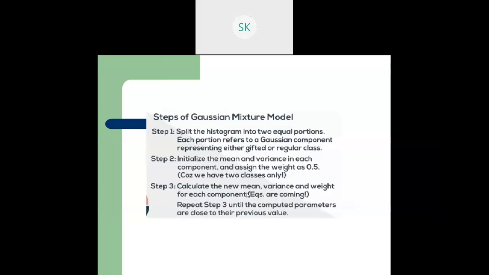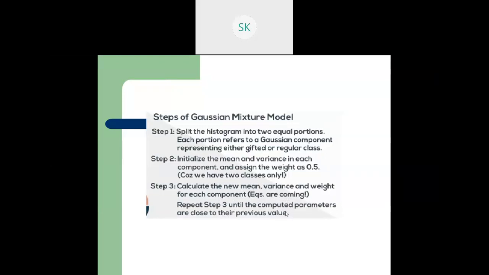Third step: calculate the new mean, variance and weight for each component. The equations to compute the new mean, variance and weight for each component are coming in the next slide. Then repeat step 3 until the computed parameters are close to their previous values.